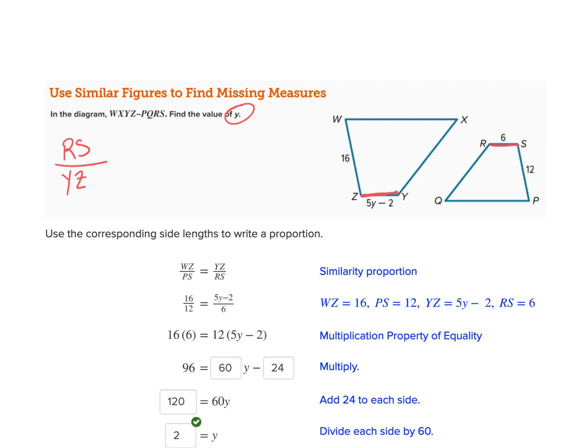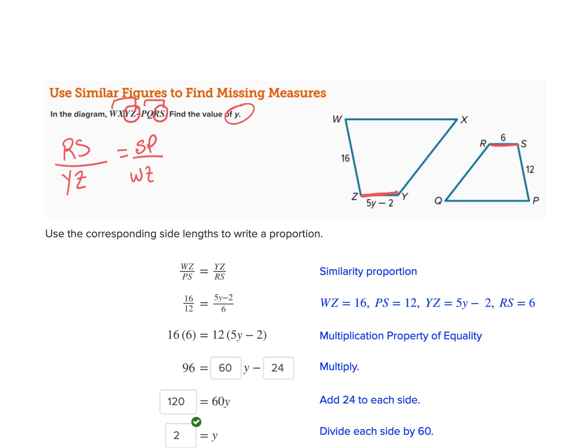I can confirm that by checking my similarity statement, and sure enough, RS and YZ are the last two letters in my similarity statement, so those two sides are correspondingly proportional. Then I can say SP is proportional to WZ. Again, SP is the first and last letter, and WZ is the first and last letter, so I know I set those up correctly.